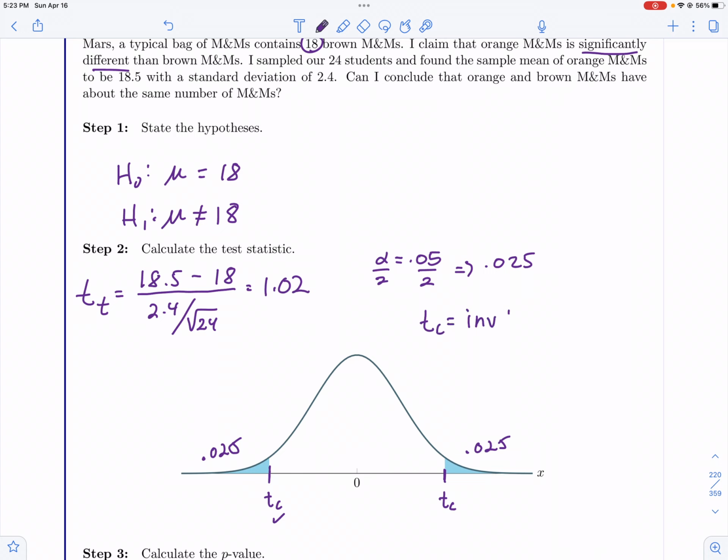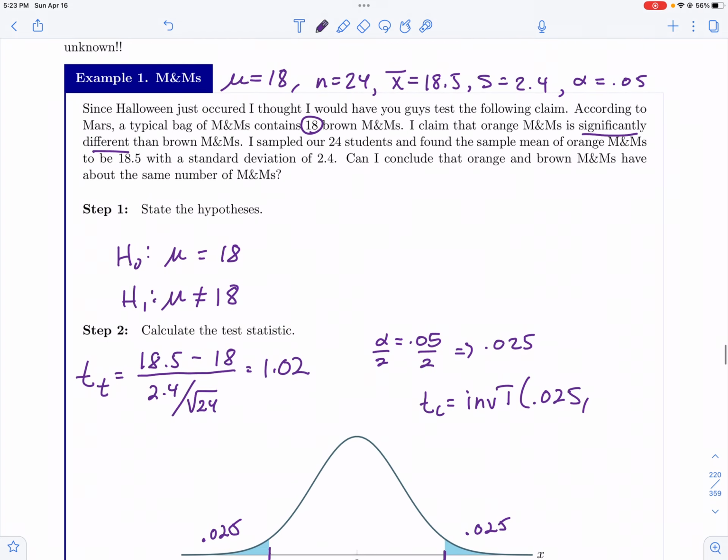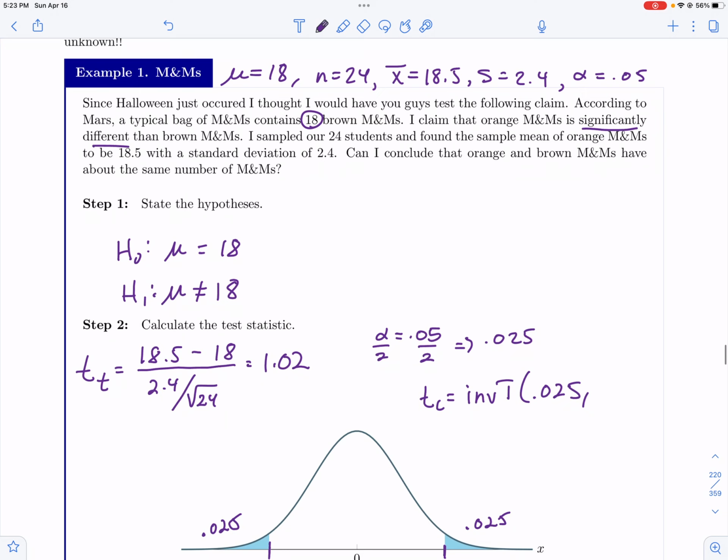So if we're trying to calculate this lower one, we're going to do our T sub c is going to be inverse T 0.025. And then remember, when we're finding the inverse T, we're looking at degrees of freedom, not mean and standard deviation. So since our n was 24, our degrees of freedom is going to be 24 minus 1, or 23. So now, let's go ahead and type this in the calculator.